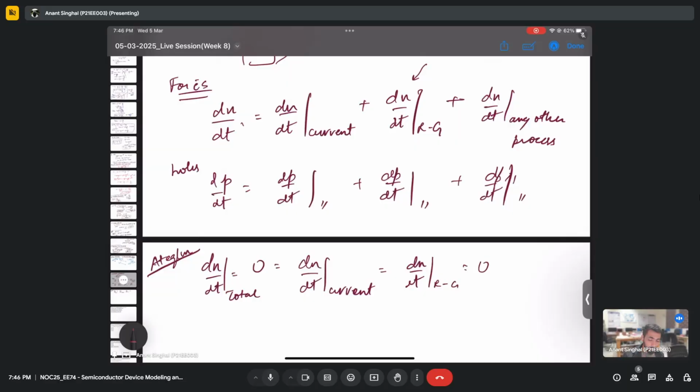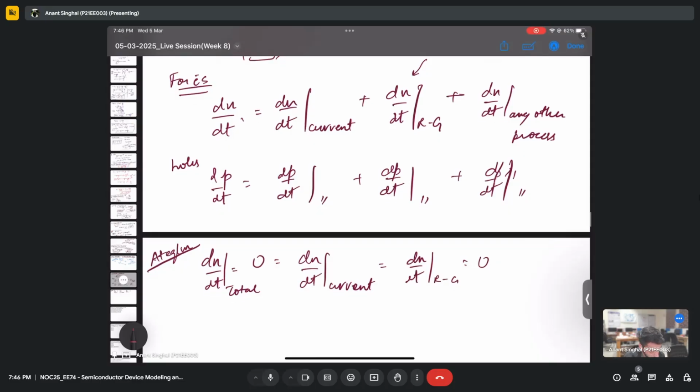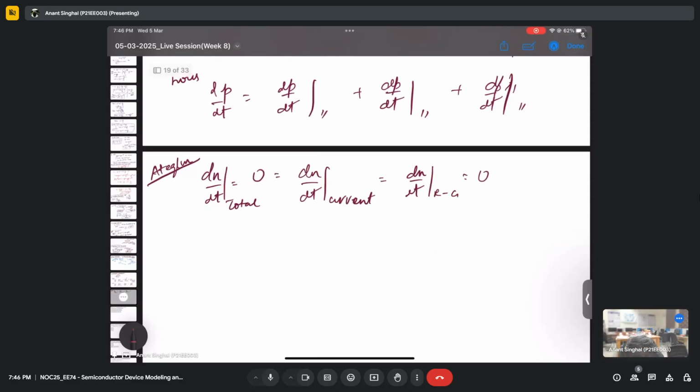But now let's suppose we move out of this equilibrium and let's say current is introduced in this material or light is incident, something like that happened. So now we are not in equilibrium, right? But one thing to add is, let's say we move out of equilibrium, that is fine, but we are in a steady state.